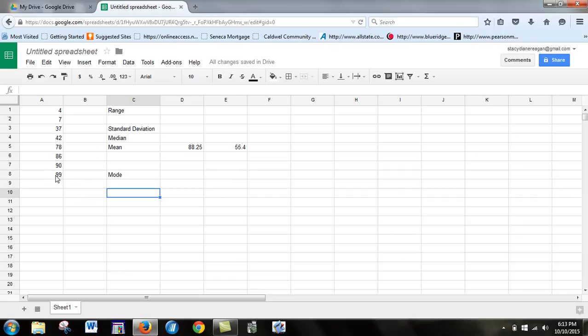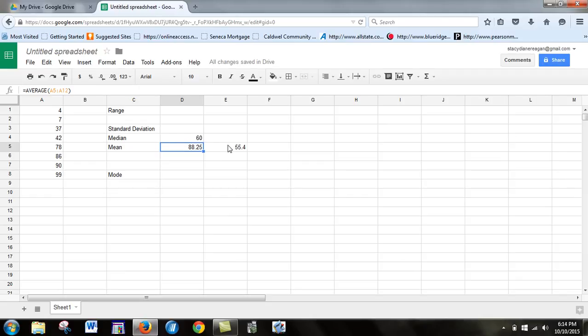So in this case we have an even number, we have 8. So these two are the two that are in the middle. So you would take the two and add them up and divide by 2. So we can do that, equals 42 plus 78 divided by 2. So my median is 60.